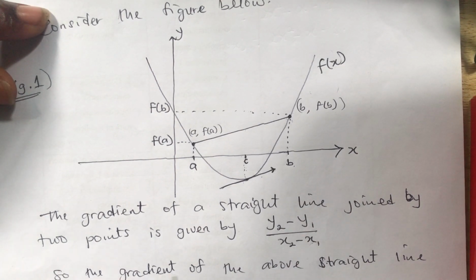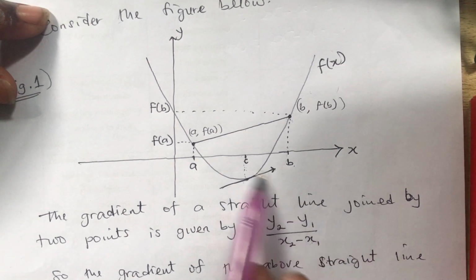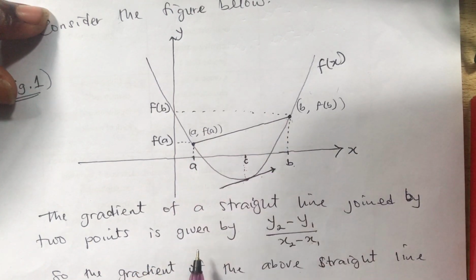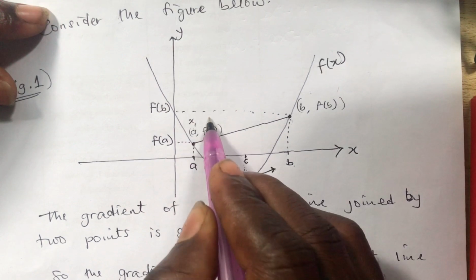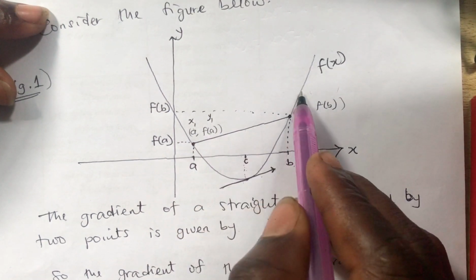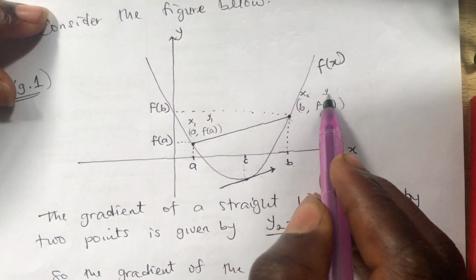So the gradient of the above straight line is simply, don't forget that this is our x1, this is y1, also this is x2, and this is y2.